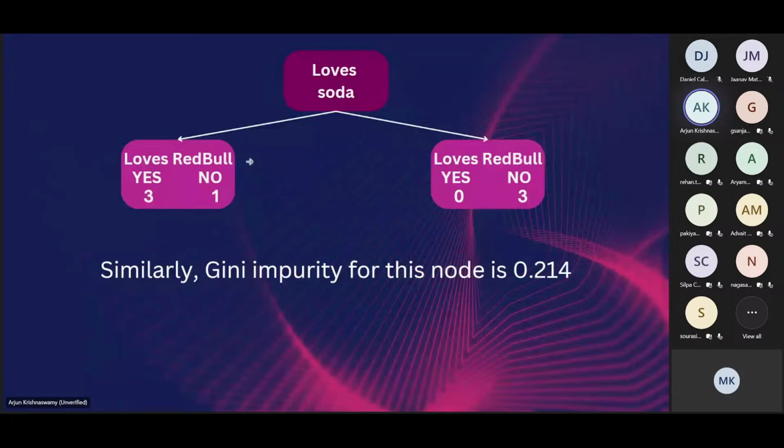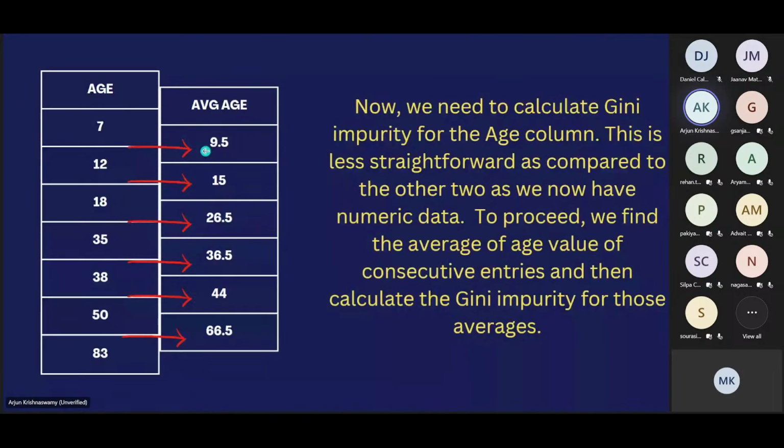So far, we only looked at loves soda and loves fruit juice as criteria for classification. We have totally ignored age. Age is a little more complicated than those two because it consists of numerical values and not just yes or no data.